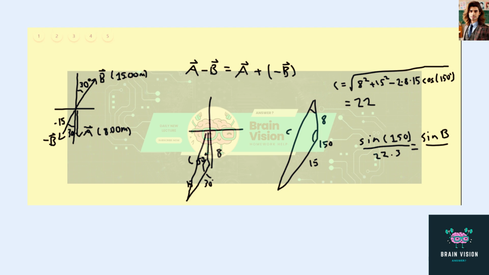What angle does that correspond to? 15. And so we do the same thing with the arc cosine, or the arc sine. We find out that B is equal to 19.66 degrees. And so this angle's 19 degrees. And so this would be our vector A minus B.